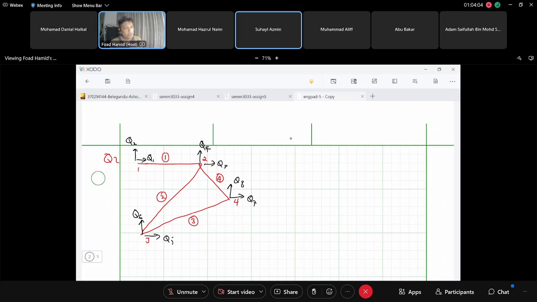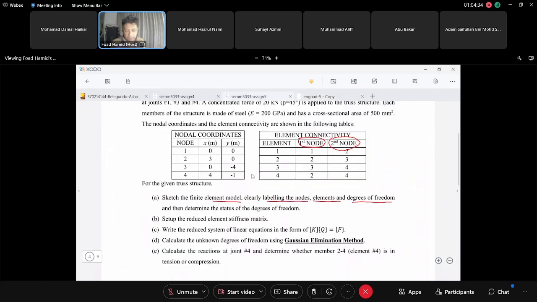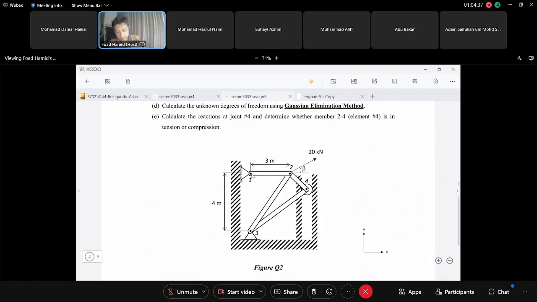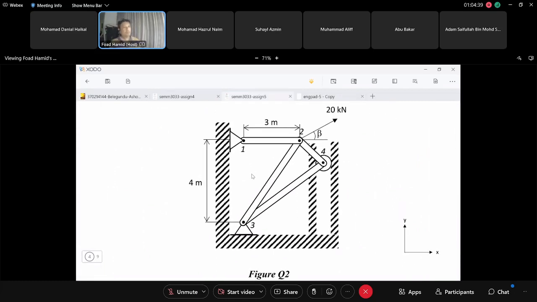Wow, this is huge. But even though the degrees of freedom in this question is 8, because we have 4 nodes, so we have 8 unknowns. Because of the boundary conditions, the number of unknowns will be reduced. So what are the boundary conditions here? Can anybody tell me? Look at the question paper. What are the boundary conditions?